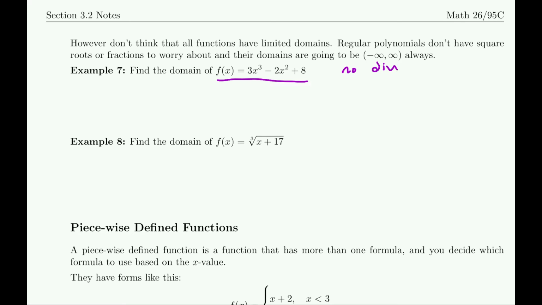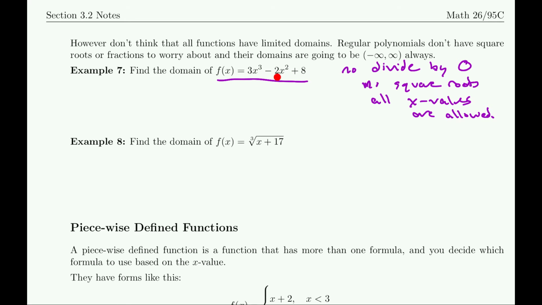So there's no divide by 0, and there's no square roots. All possible x values are allowed in this function. So when you're writing the domain here, there was nothing not allowed. And so by default, that domain there is going to be -infinity to infinity.